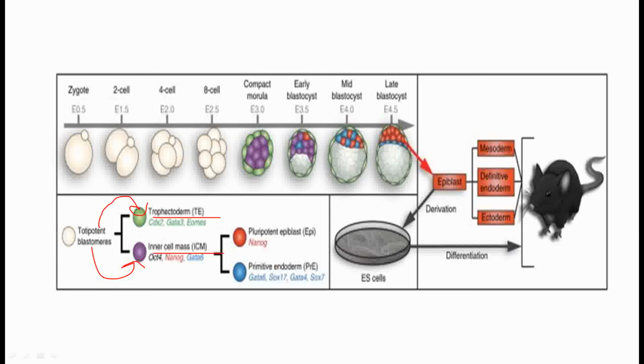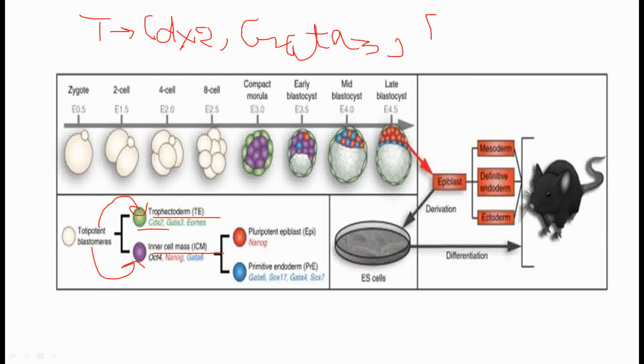This trophoectoderm is formed by the activity of CDX2. I will write here. This is for the trophoectoderm: CDX2, which is a signaling pathway, GATA3, GATA, and EOMES.